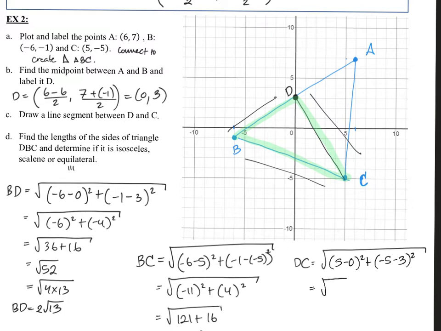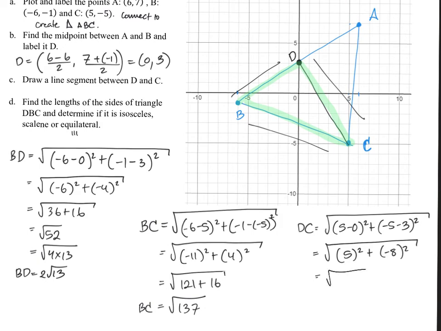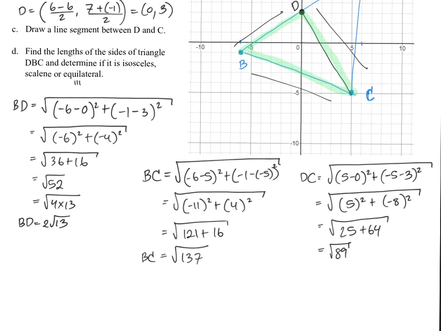So don't start switching who's first and second. 5 squared plus negative 8 squared, so that'll be 25 plus 64, which is 89. Anything in there? Well, 89 ends up being a prime number, so we're done.